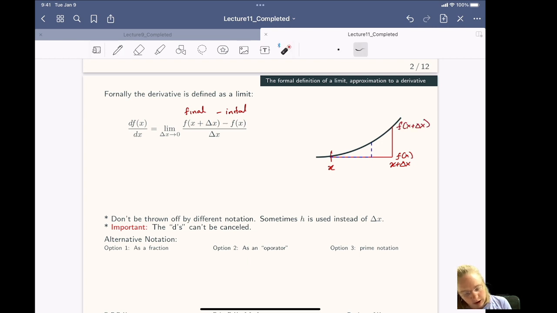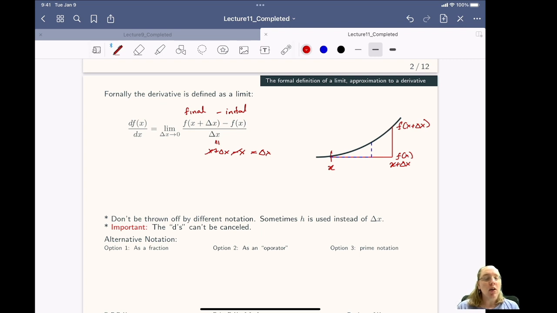So our rise is f of x plus delta x minus f of x, and our run is x plus delta x minus x. This cancels with this, and we just simply get a run of delta x.